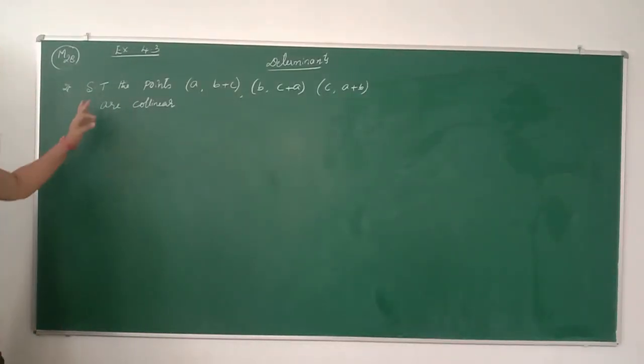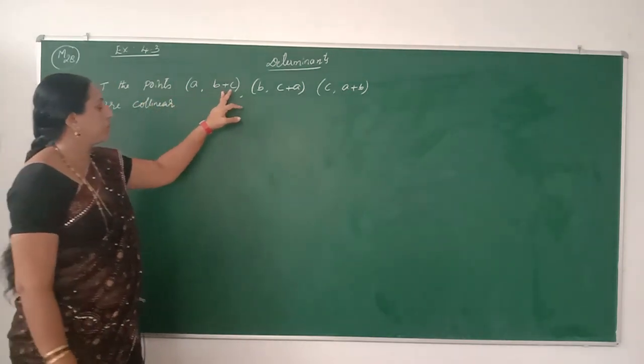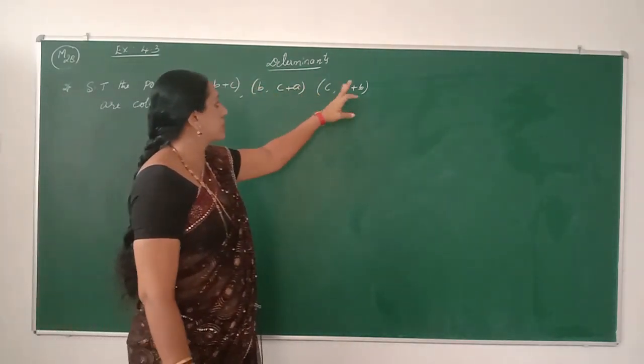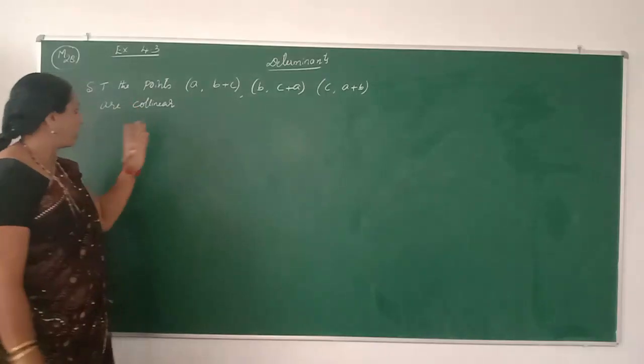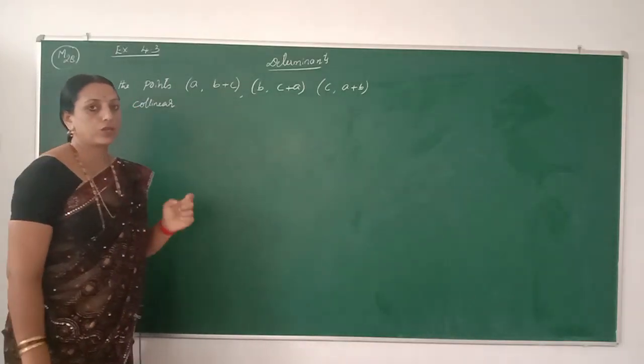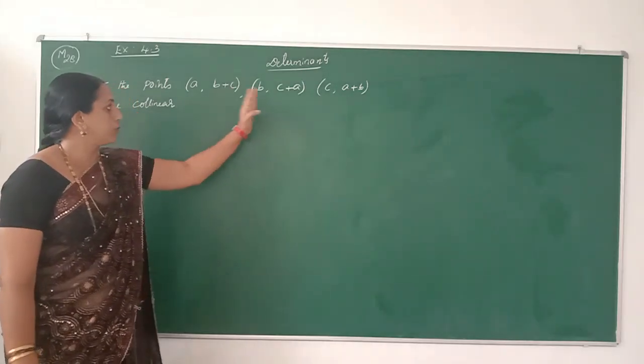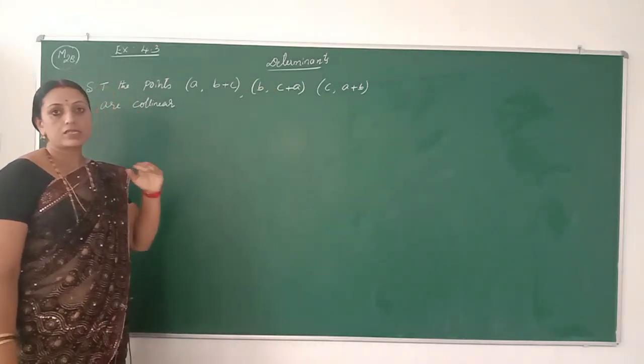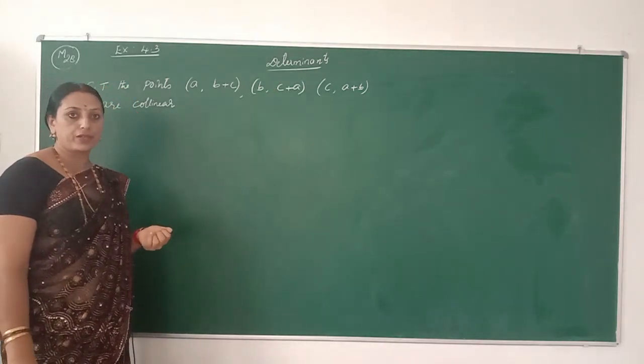Next one. Show that the points A, B plus C, B, C plus A and C, A plus B are collinear. First, what about the condition of collinear? Collinear means all 3 points lie on the same line; such points are called collinear.